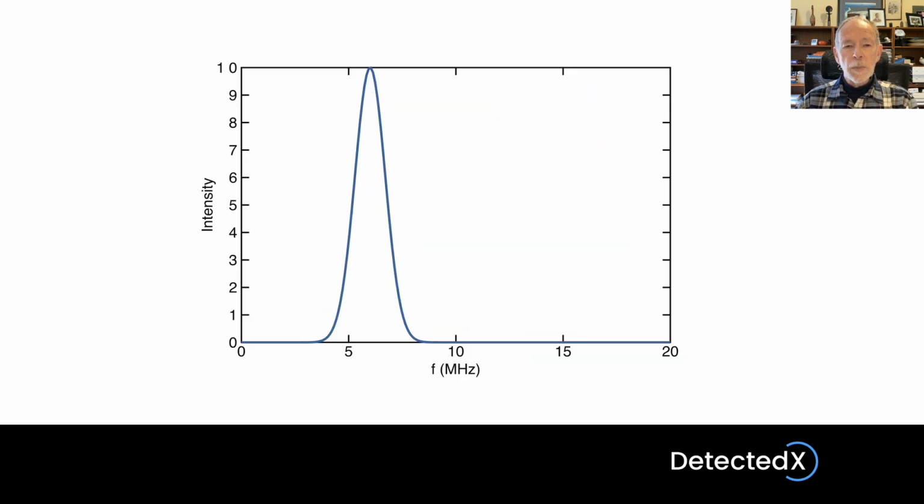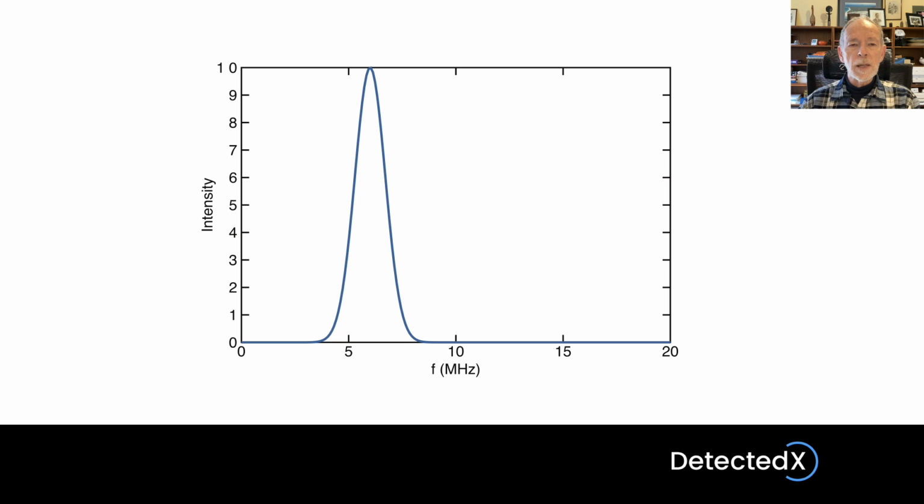So let me show you what's meant by harmonics. This is a spectral plot. So it's a graph of the range of frequencies present in an undistorted transmit pulse. So this happens to have been drawn for a 6 megahertz pulse.